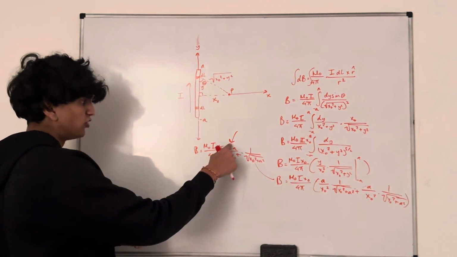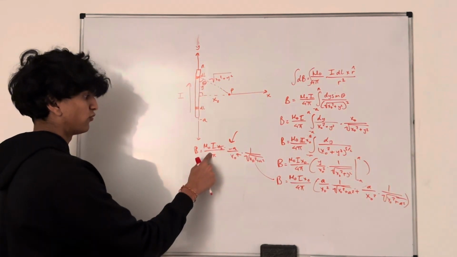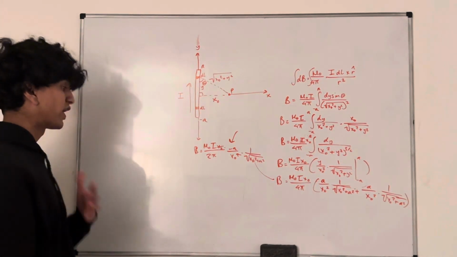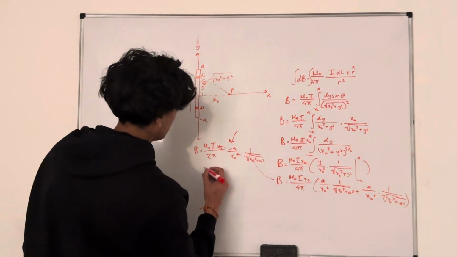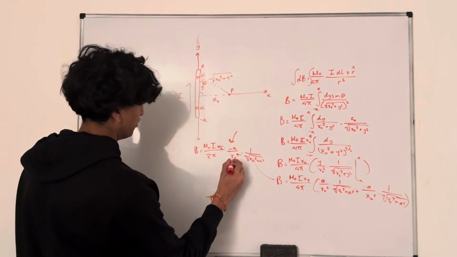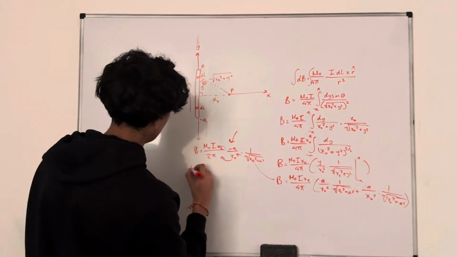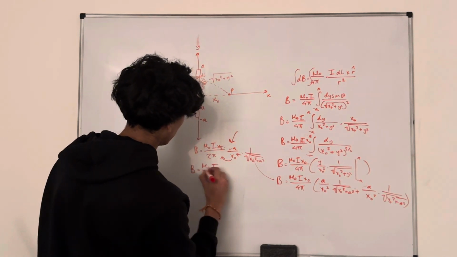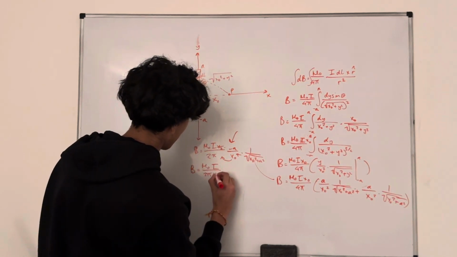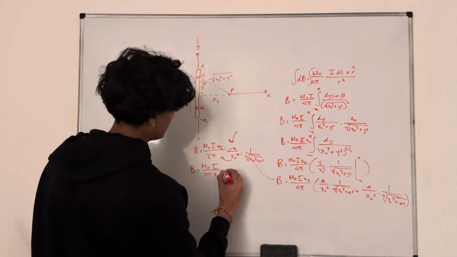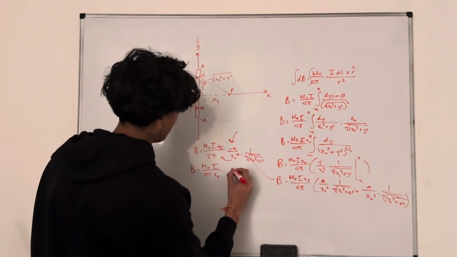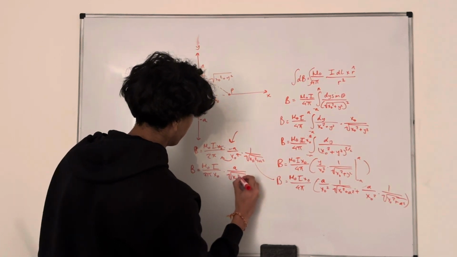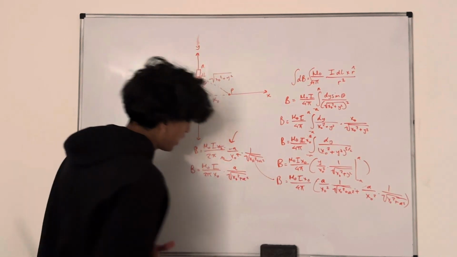And then this 2 on top goes away because we have a 4 here, so that becomes a 2. Just simplifying there, you're going to see we get B is equal to mu naught I over 2 pi x initial times a over the square root of x initial squared plus a squared.